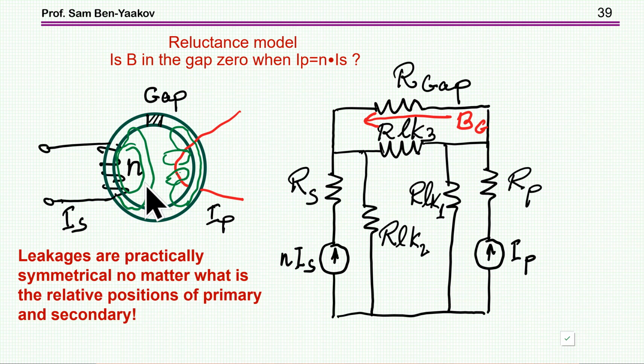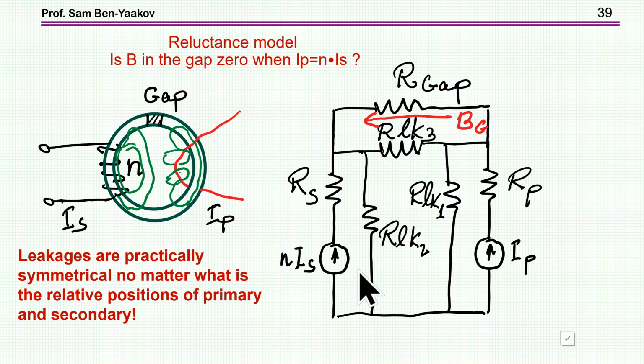So if we look at it this way, that this is the wrong picture, but that the leakage really represents the part of the flux which is not common, then no matter what, this structure is symmetrical. And if it is symmetrical, then the magnetic flux density in the gap here, which has a high reluctance, will be zero, no matter where you put these wires.